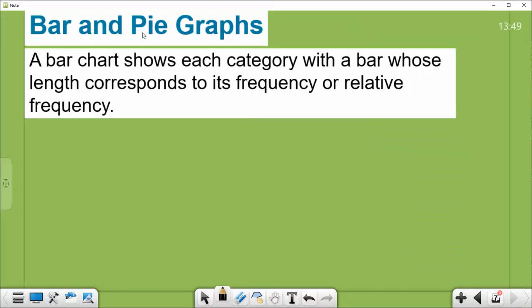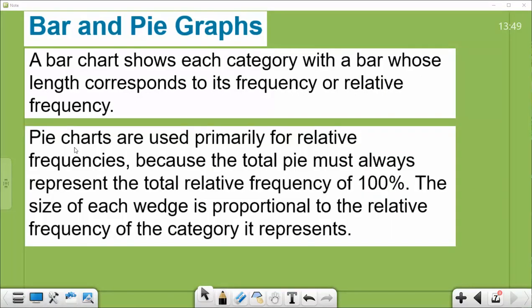Okay, bar and pie graphs. A bar chart shows each category with a bar whose length corresponds to its frequency or relative frequency. And pie charts, and notice it says graphs up here, you can interchange pie charts and pie graphs, same thing.